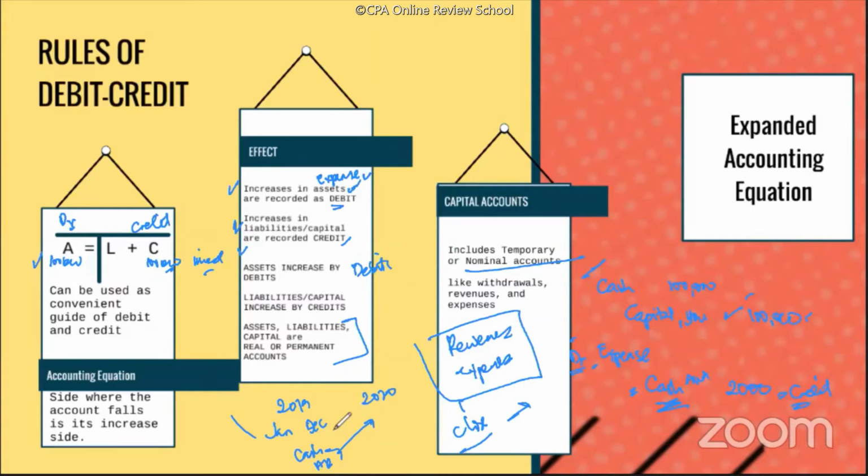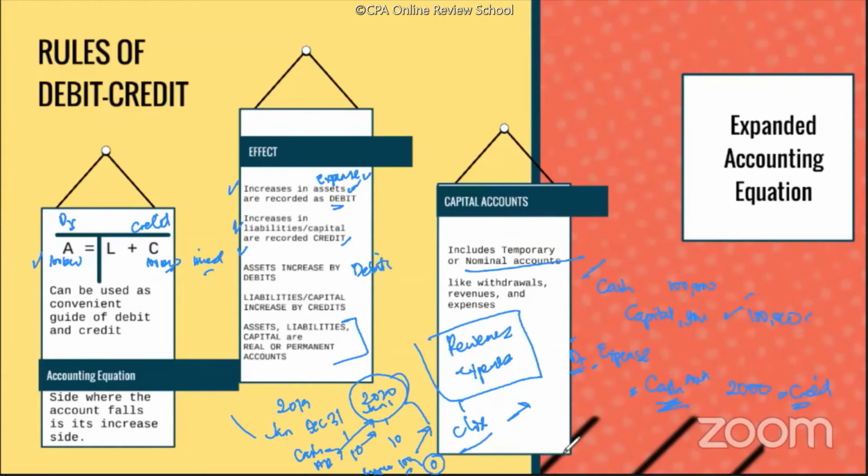So ibig sabihin for December 31 meron kang piso accounts receivable, meron kang 10. So January 1, okay, piso ulit yan and then 10. Roll forward. Carry over. Unlike kapag expenses, sabihin natin for 2020, meron kang expenses na 100. Ito kasi i-close mo yan, magiging 0. You cannot roll forward that in 2020.